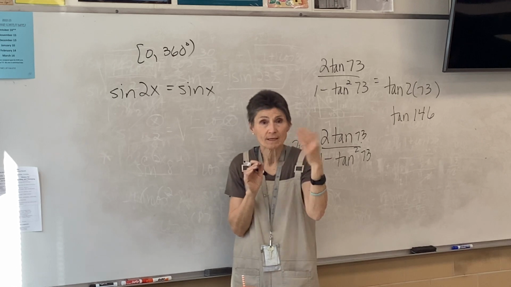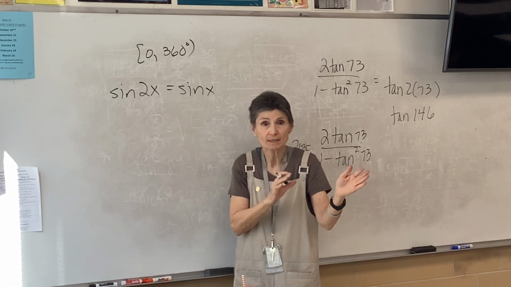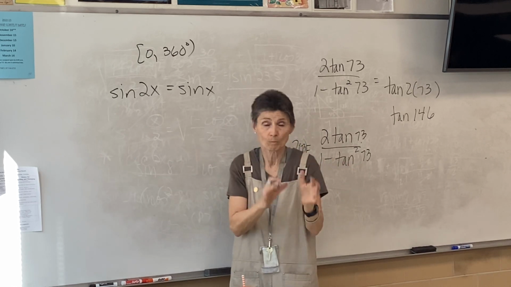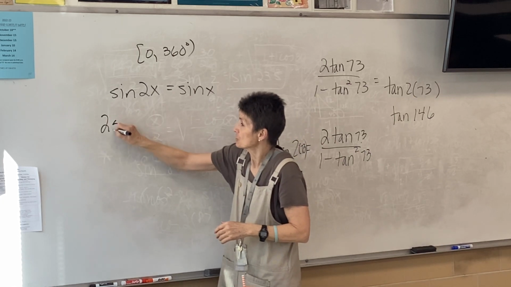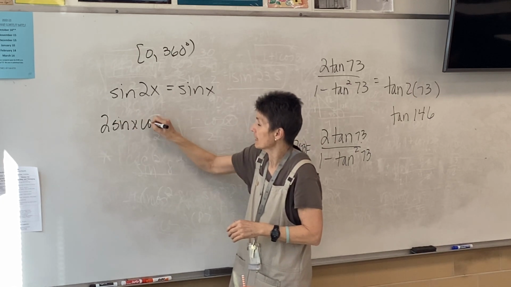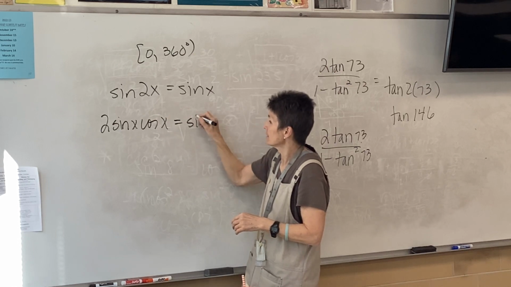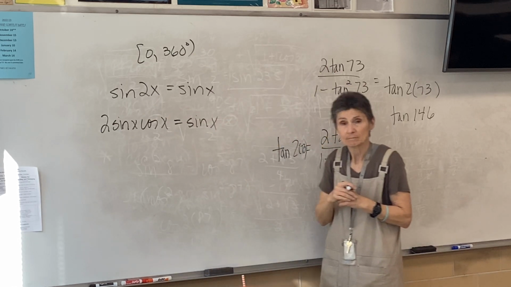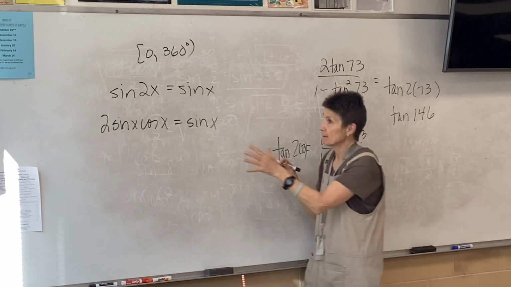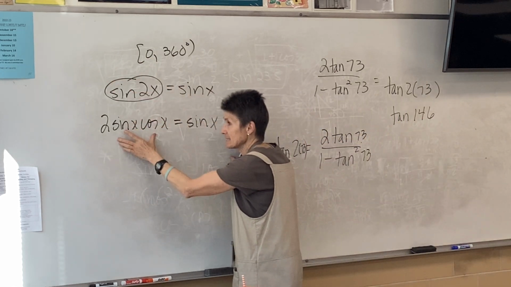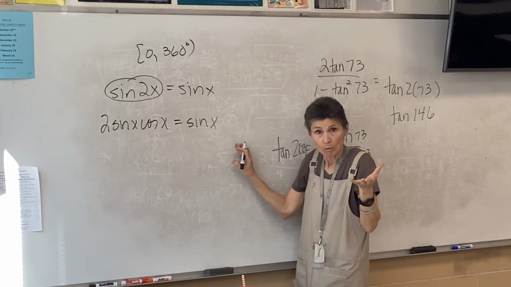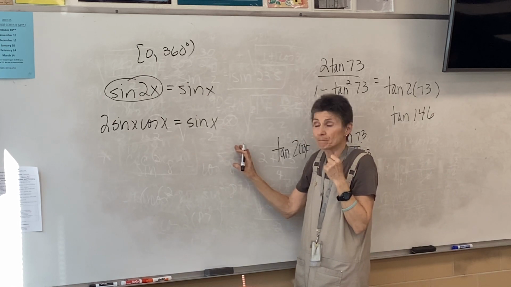You want to get rid of that 2x. You want to substitute it out with its formula. So the sine of 2x is 2 sine x cosine x. That is on your sheet. So I simply took the sine of 2x and replaced it with its formula, 2 sine cosine.